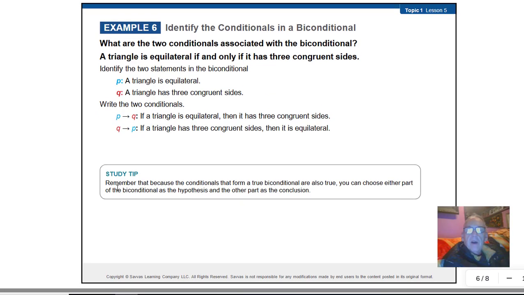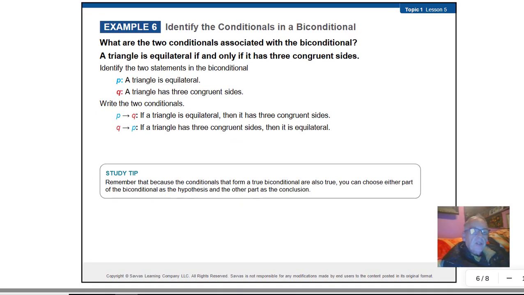So for example 5, identify the conditionals in a biconditional. Okay, let's see. A triangle is equilateral if and only if it has 3 congruent sides. So one statement would be, if a triangle is equilateral, then it has 3 congruent sides.